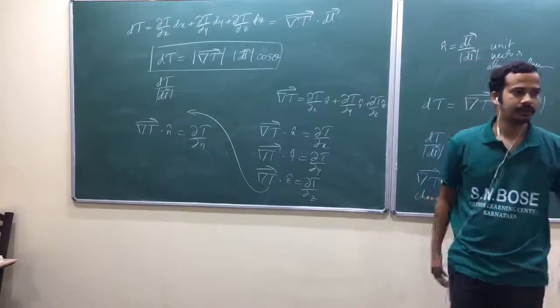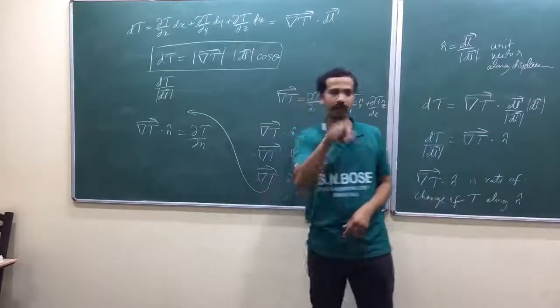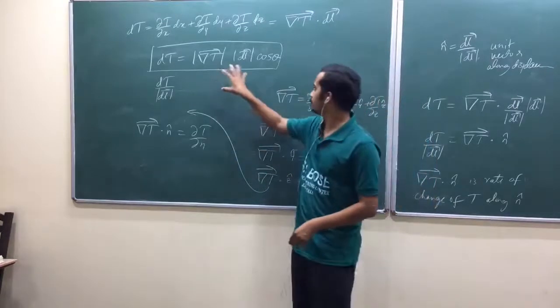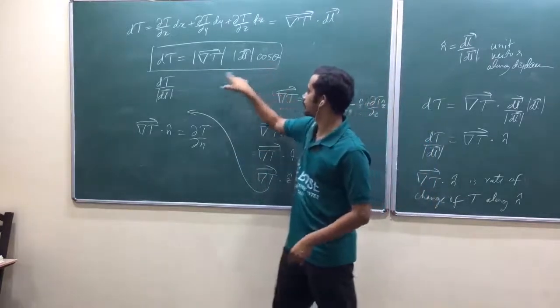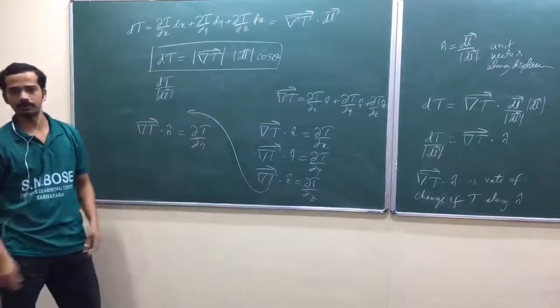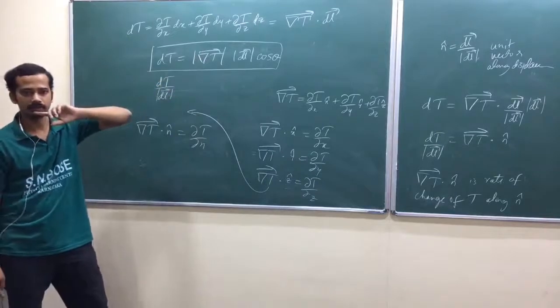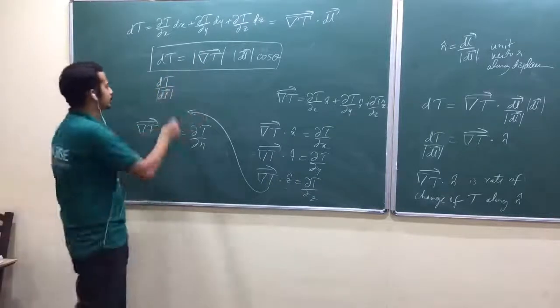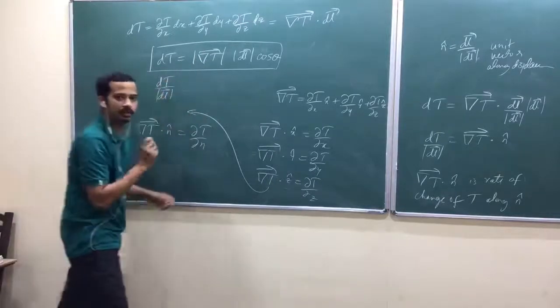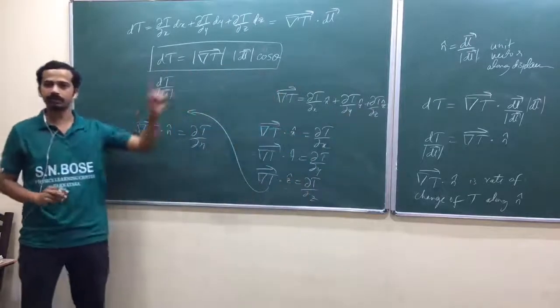When theta equals 0, dt by dl is equal to the magnitude of the gradient of t. To define the magnitude, you make theta equal to 0. So dt by dl is the rate of change along the direction of the gradient.